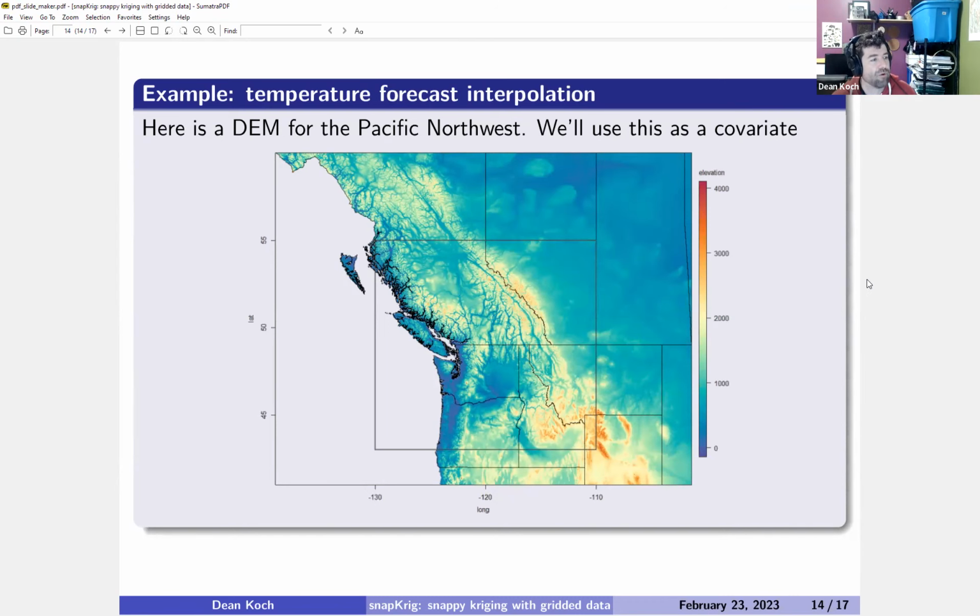And we want to downscale it to get a high resolution version that will be more useful as input to the Watershed simulator. So here's the area that I'm going to look at. And I'm just showing a digital elevation model over the Pacific Northwest. And we're going to look at this region that's in the center, the boxed region in the middle.